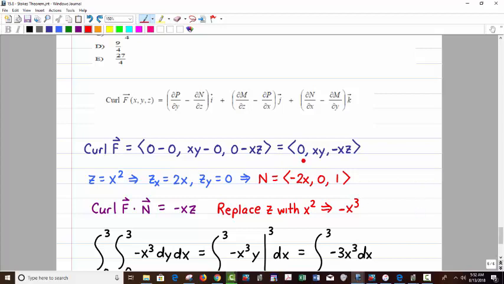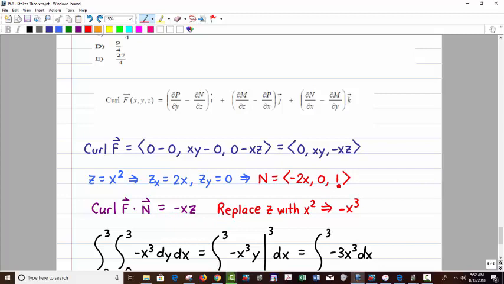These two actually dot out to be 0 just because of the order of the zeros, correct? 0 here, 0 here. So now I'm going to take this information that z equals x squared, I might have said x cubed, if I did, that's wrong. You plug that in there, so that makes this term negative x cubed, and then when you dot product, you multiply that by 1. So I just wrote what it is right there, negative xz.